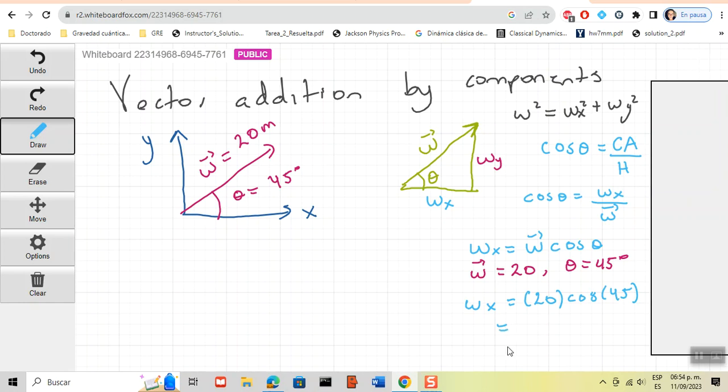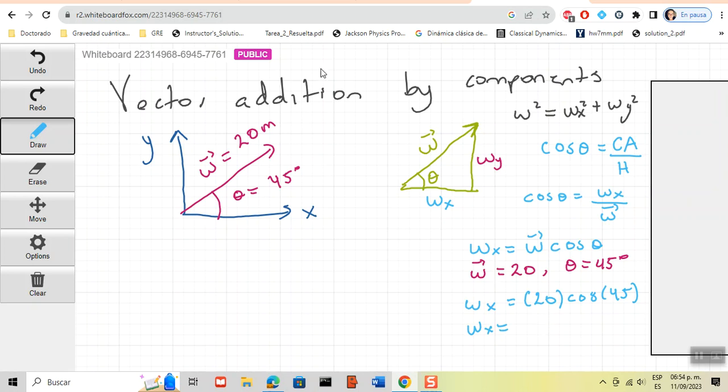So this is gonna give us the component in x of our vector. I don't really know how much that is because I don't have my calculator with me right now. So anyway, I'll put the number in a minute, right?